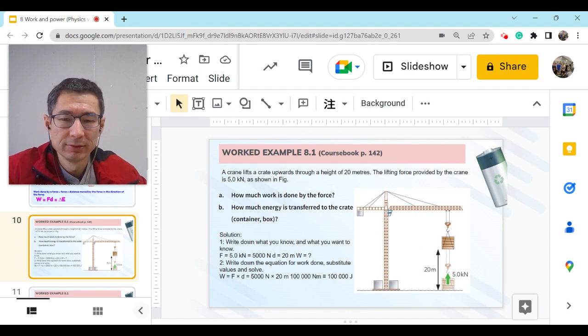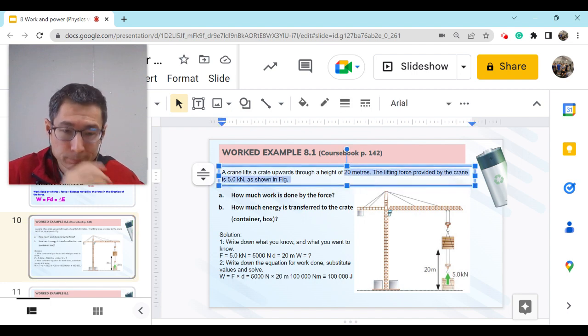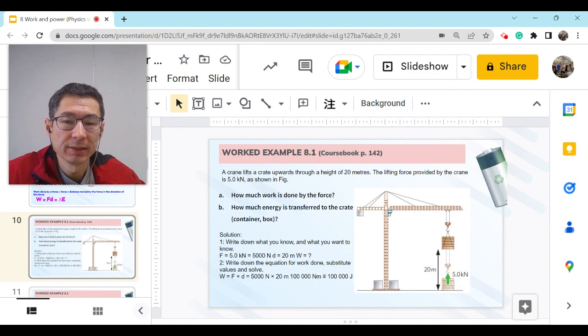The crane lifts the crate upwards through a height of 20 meters. The lifting force provided by the crane is 5 kilonewtons, as shown in the figure. How much work is done by the force? Okay, let's calculate it.